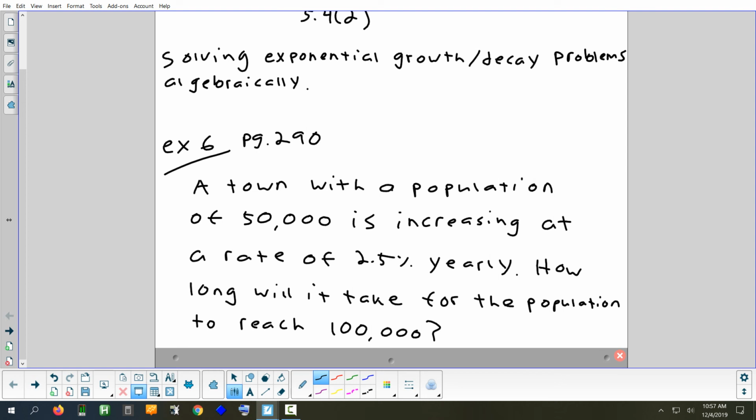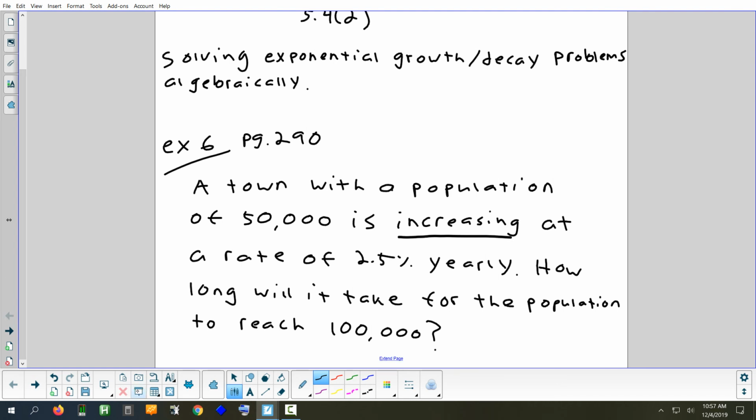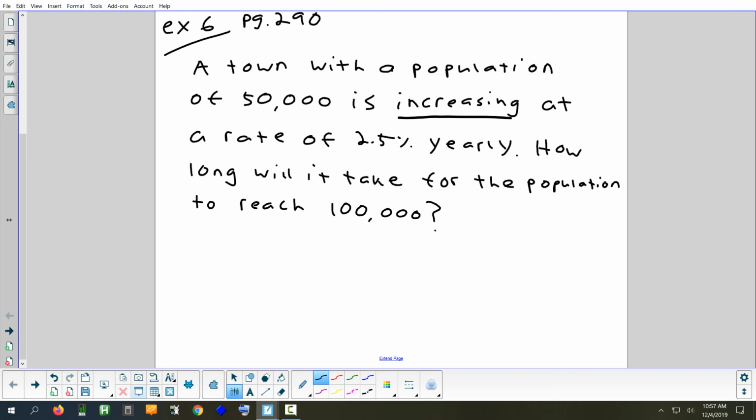Now, is this exponential growth or decay? We know it's exponential because it's the same percent every year. But what word here tells you it's growth or decay? Yeah. Increases. It's increasing. That's growth. Exponential growth. So what I need is my formula for exponential growth.